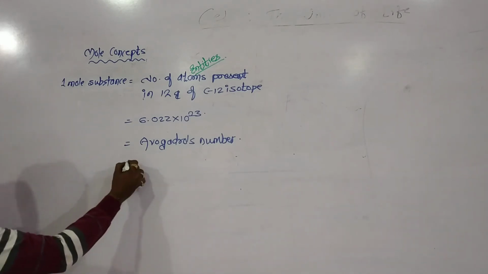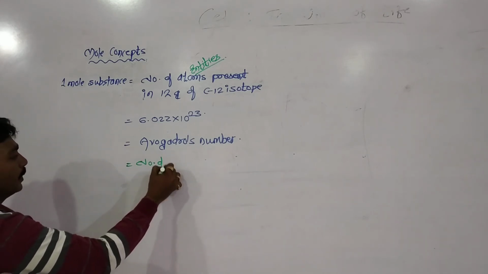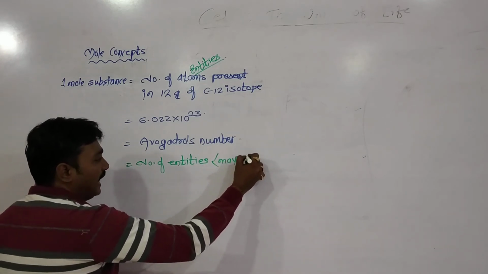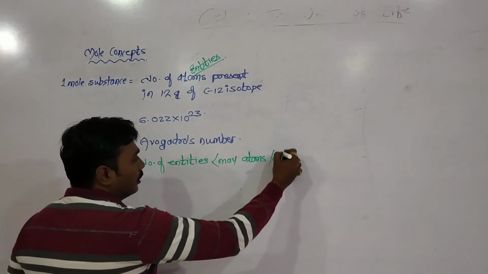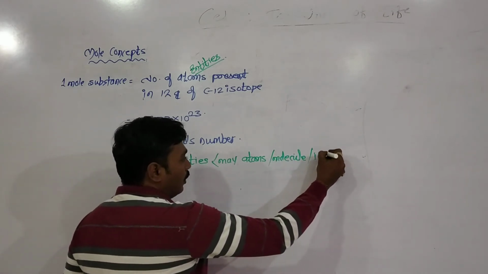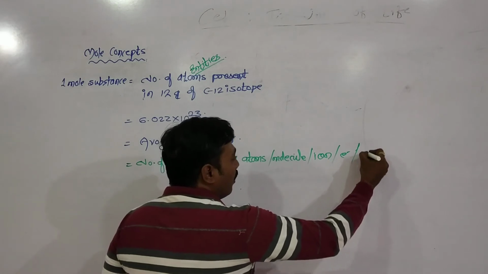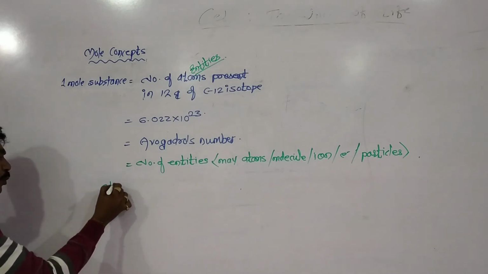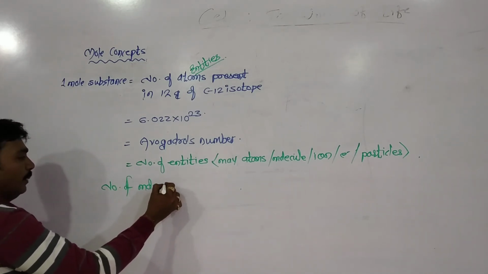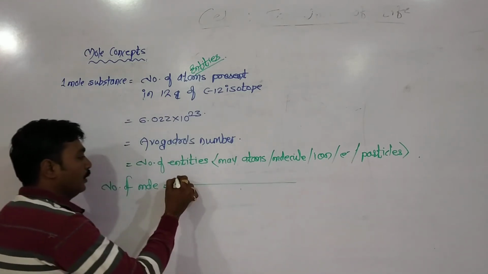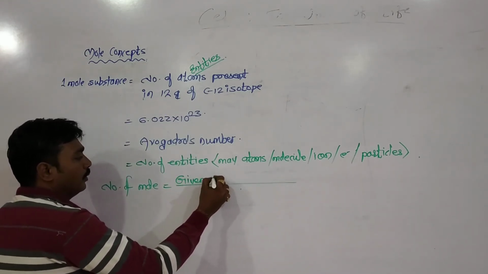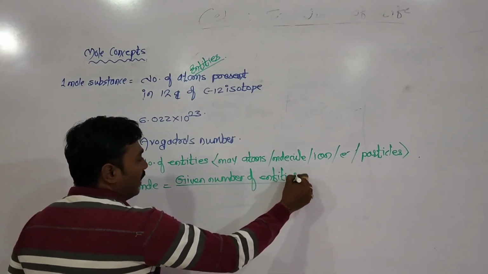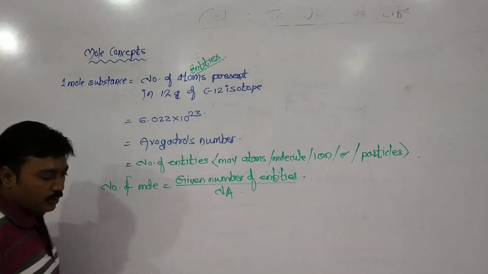So number of moles will be calculated as given number of entities divided by Avogadro's number.